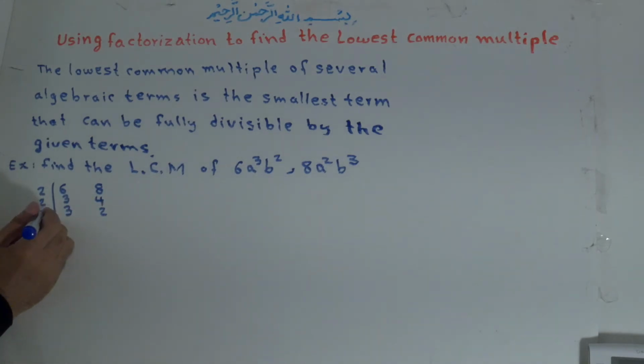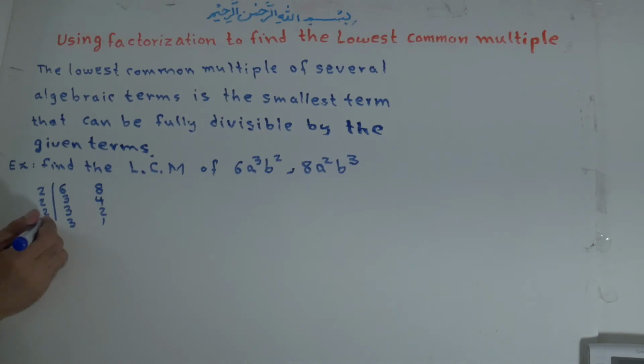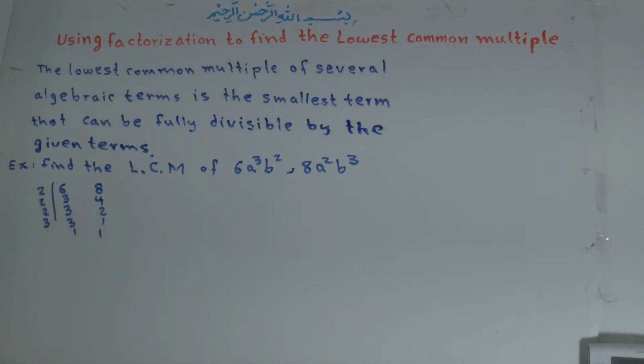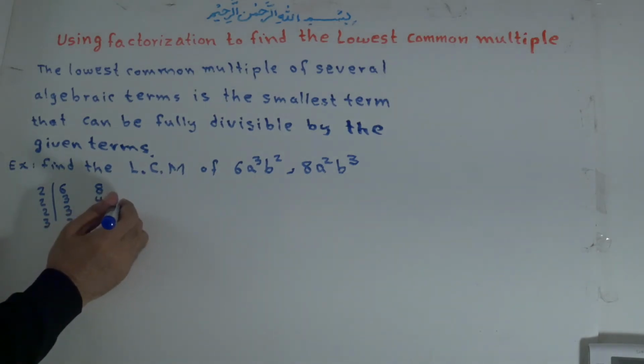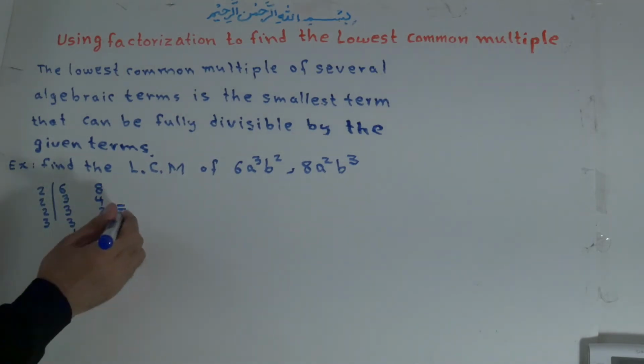Again 2, 3 itself, 2 divided by 2 is 1. Now we do the 3, 1 and 1. And that is equal to 2 times 2, 4, 4 times 2, 8, 8 times 3 is 24.